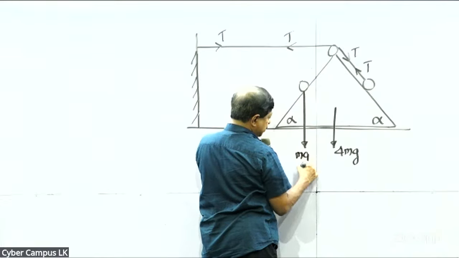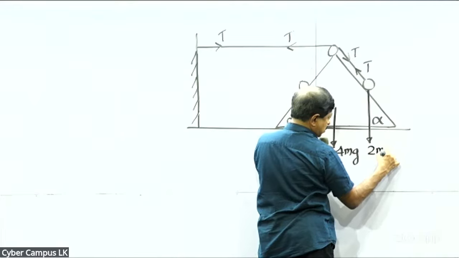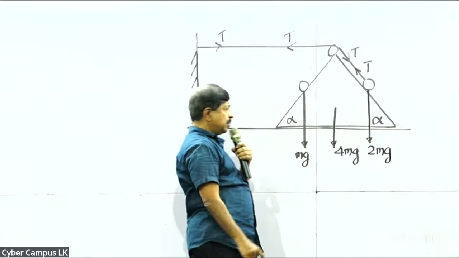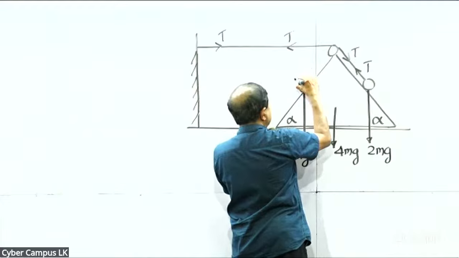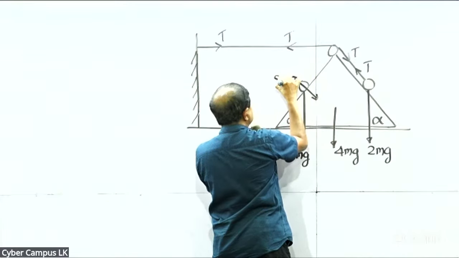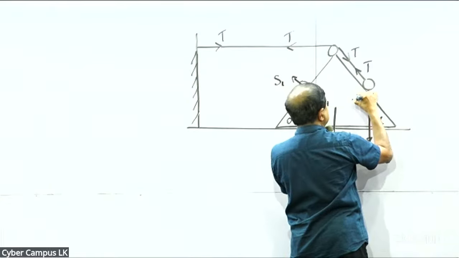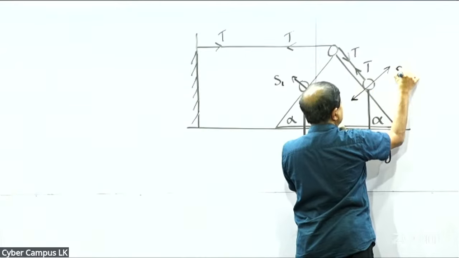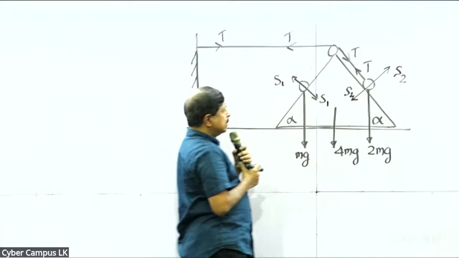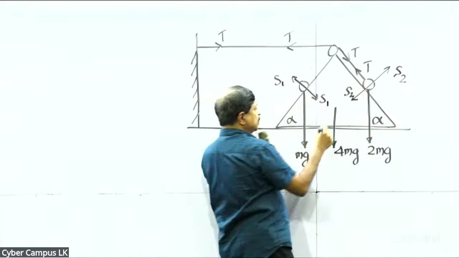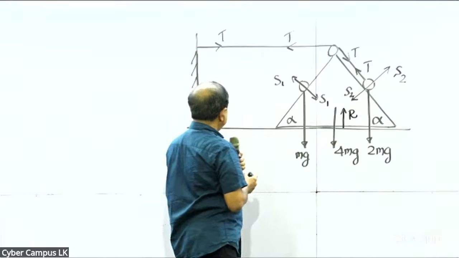This weight is mg. Now reactions. I'll take this as S1 because its mass is m, and here I'll take this as S2. Then these are the forces. There's one more: the reaction between the table and the wedge.